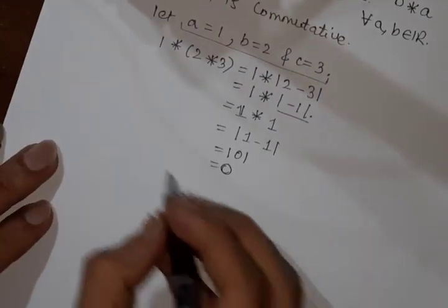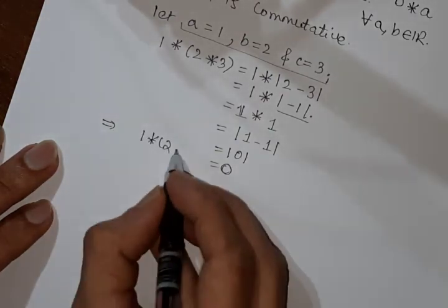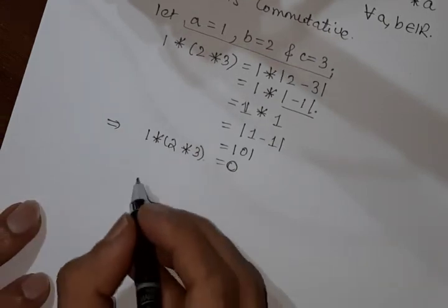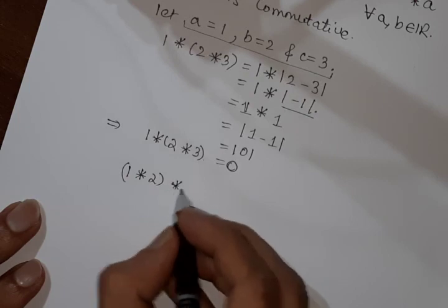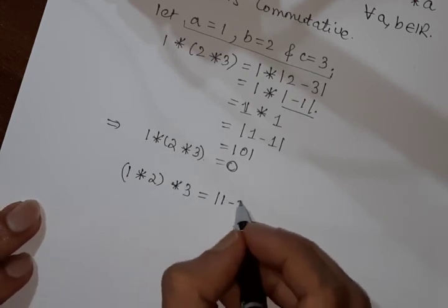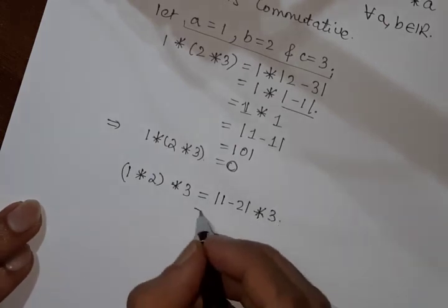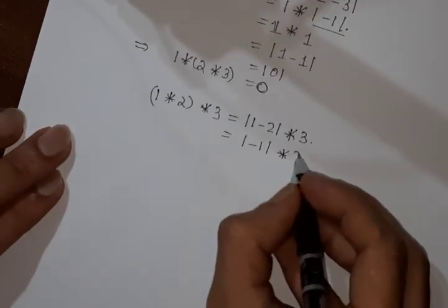Now this is 1 star (2 star 3). Now we have to check (1 star 2) star 3. This is nothing but modulus of 1 minus 2, star 3, which is equal to modulus of minus 1, star 3.